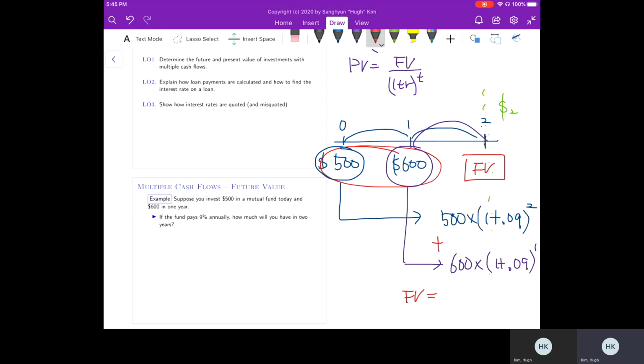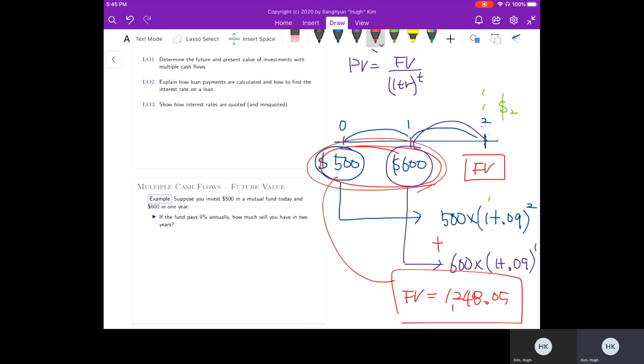So if we add them up, the future value is $1,248.05. Okay. So that's the future value of these two cash flows.